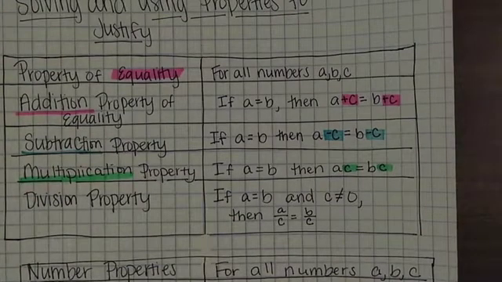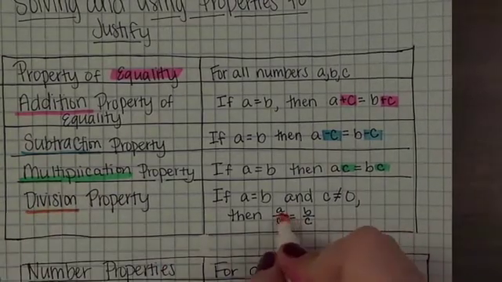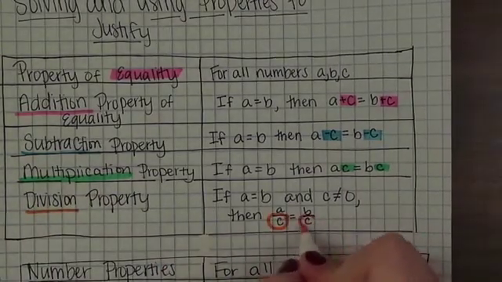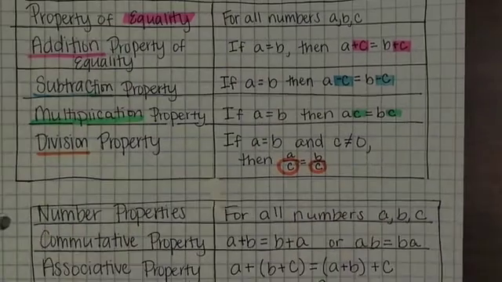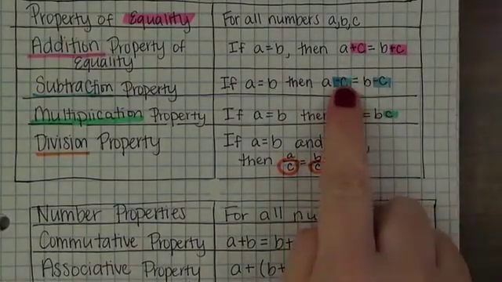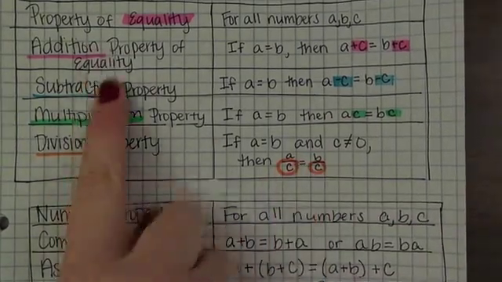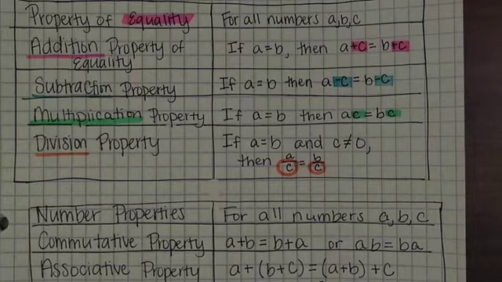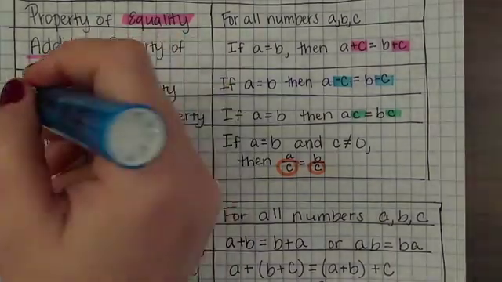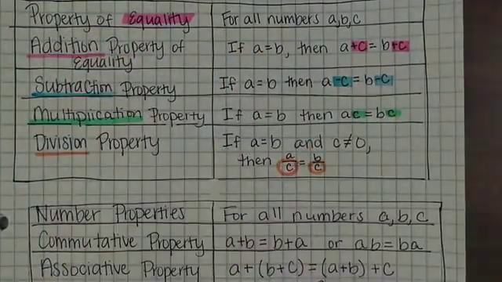And then we have the division property, so we divided both sides by C. So notice this one added C, subtracted C, multiplied by C, and divided by C. Thankfully that's one thing in math where they didn't try to confuse you with random words that don't make any sense. Subtraction just means subtract.